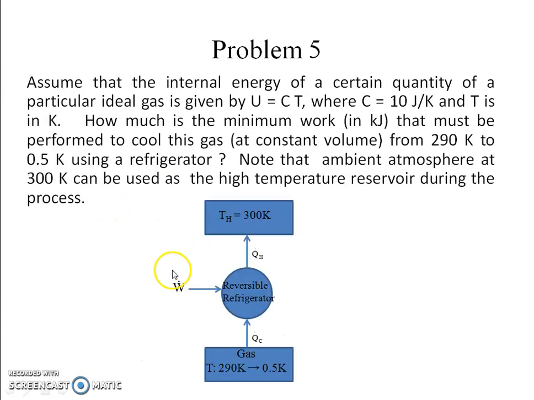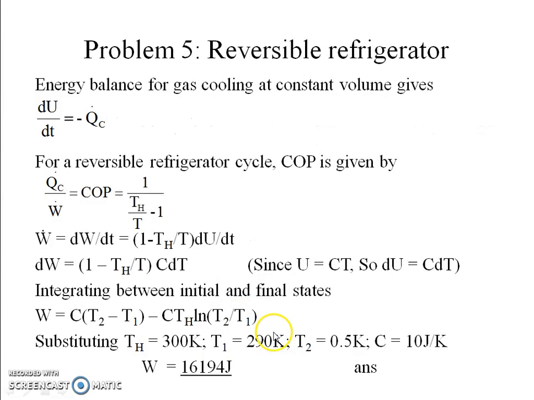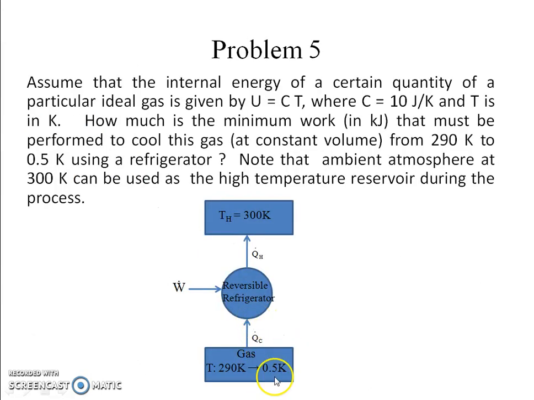Since the gas is being cooled, first of all we have to find out Q̇c. The gas is being cooled from 290 to 0.5, so the rate at which heat is extracted, Q̇c, should be equal to the change in the internal energy of this gas. I am first focusing on this gas and writing the first law for it.